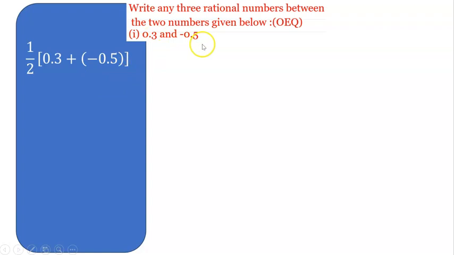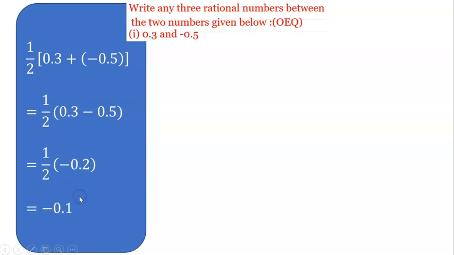That will be the number between these two numbers. That is 0.3 plus in bracket minus 0.5, divided by 2. Their sum is minus 0.2 upon 2. You will get here minus 0.1.